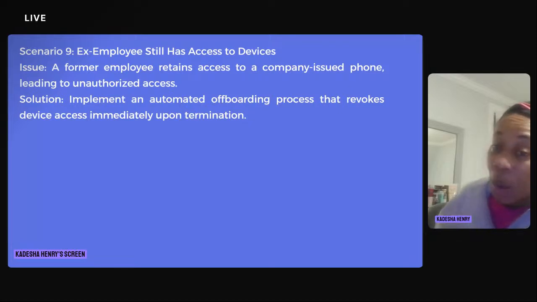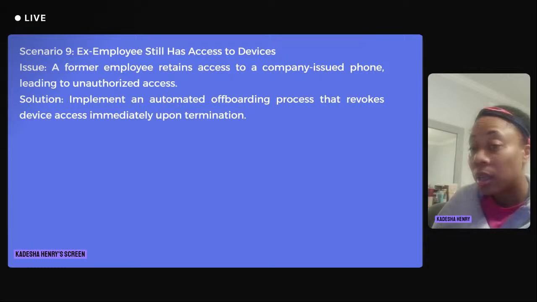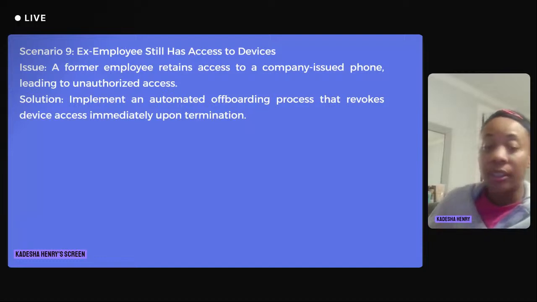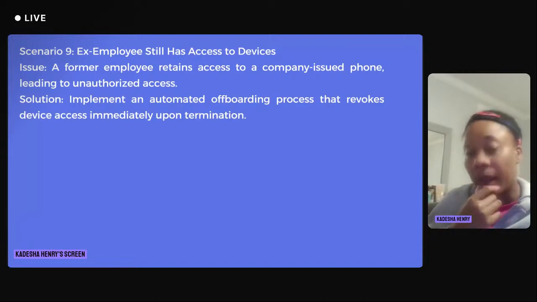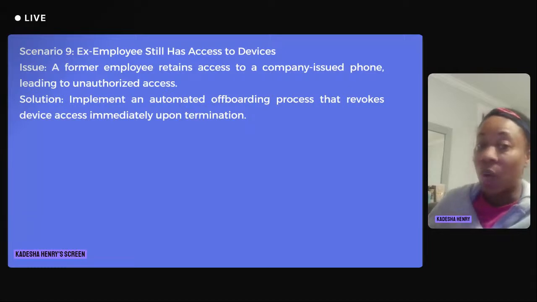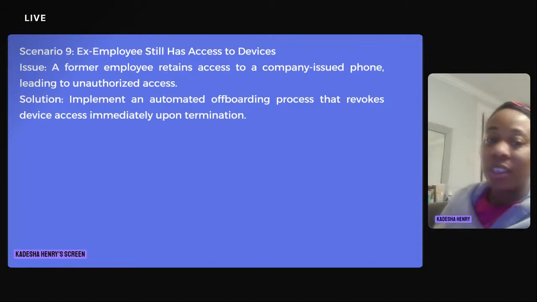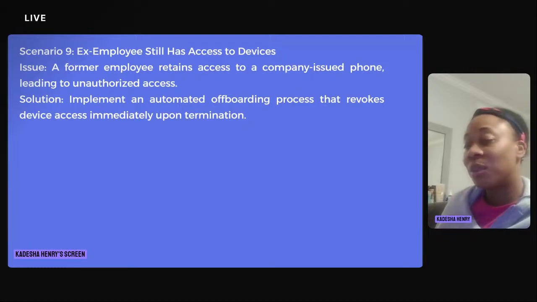The person is not working there anymore and they still have access to the company's data. So we have to ensure that systems are put in place so that when employees are not working there anymore, every right is revoked. Your right to access the information is revoked.